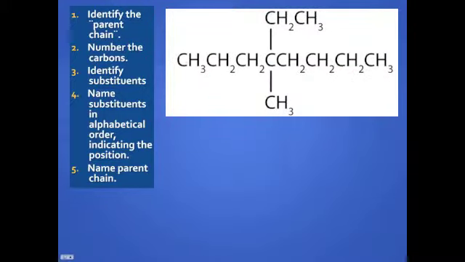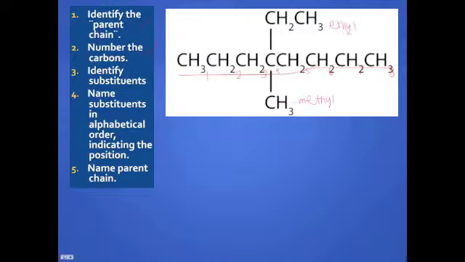I will show you another example. We need to first find the parent chain. So this is the longest chain of carbon atoms, and we will count to see which side we should start numbering for step 2. We will do it left to right because it's 4, and right to left would be 5. And then we will need to identify the substituents. So we have here 1 methyl because it has only 1 carbon, and we have 2 carbon atoms, so it's ethyl.